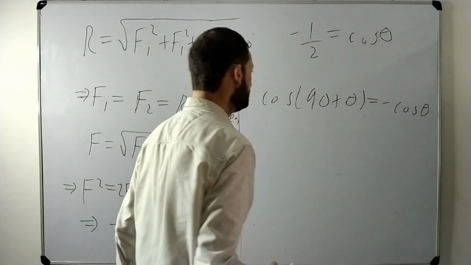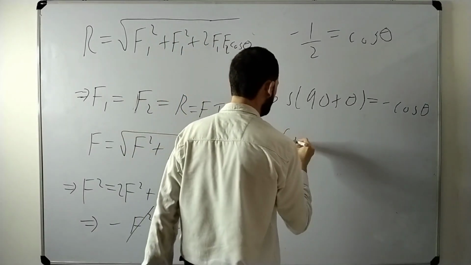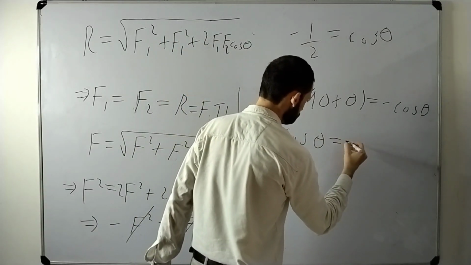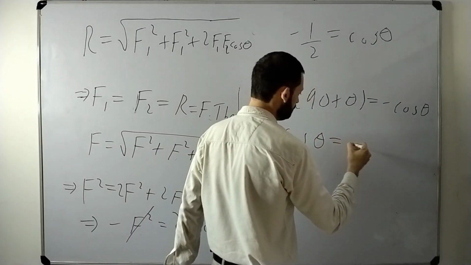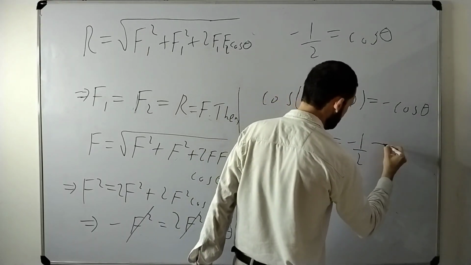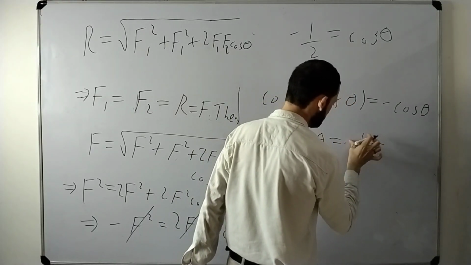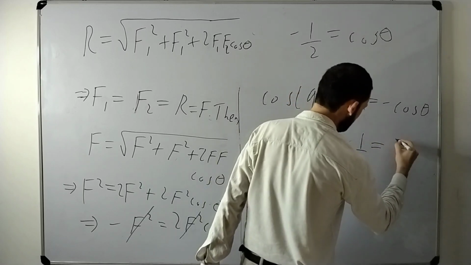Right, student? And cos theta value is minus half, for cos theta value equal to half it is 30 degree.